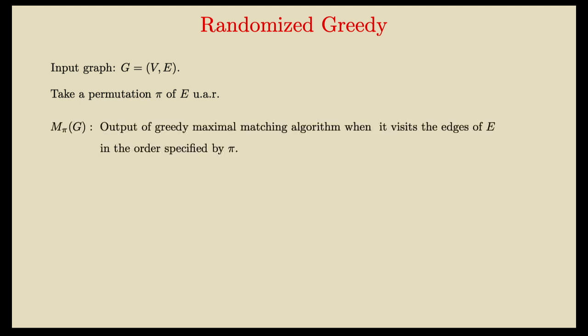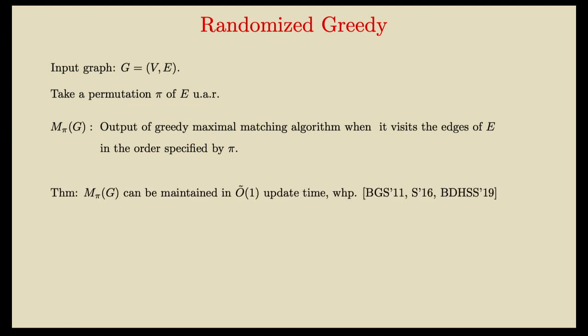So, the randomized greedy algorithm is basically just this. You take a uniformly random permutation pi of the edges in the graph and let M pi of G be the output of your greedy maximal matching algorithm when it visits the edges in this random permutation. Now it is known by a sequence of very impressive results that the output of this randomized greedy maximal matching can be maintained in polylog n update time.